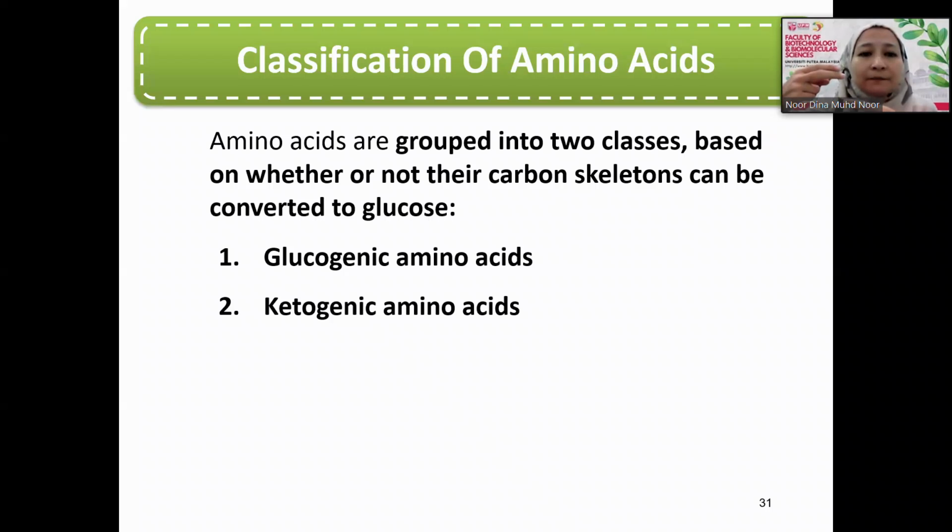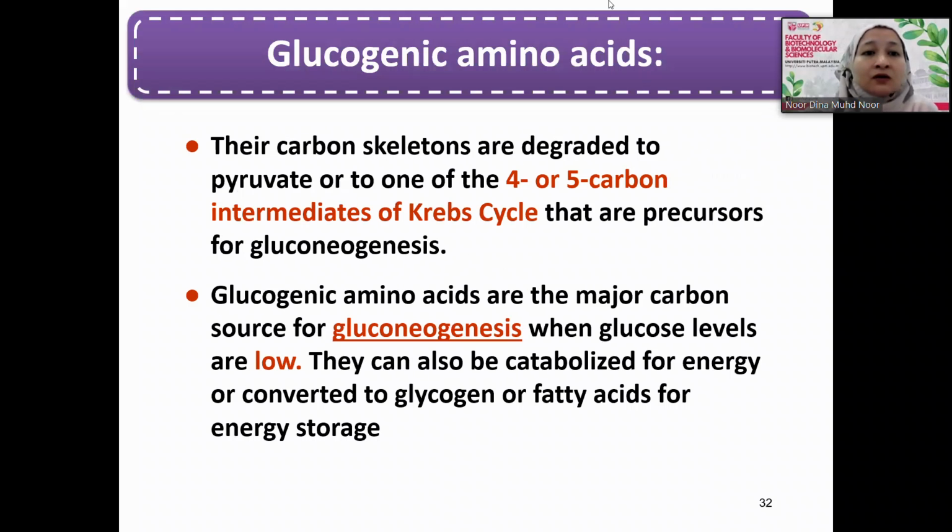Glucogenic amino acids can be converted into glucose, and ketogenic amino acids are the opposite: they cannot be converted into glucose directly.